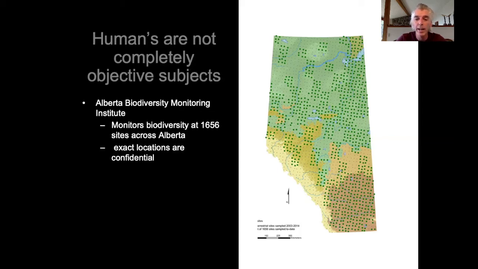Now, these are at regular 20-kilometer intervals, but the exact locations of the sampling sites are confidential, because if they were known, humans might change their land use as a way of manipulating the changes in diversity that have been documented, or potentially to influence the future outcomes of this monitoring project.